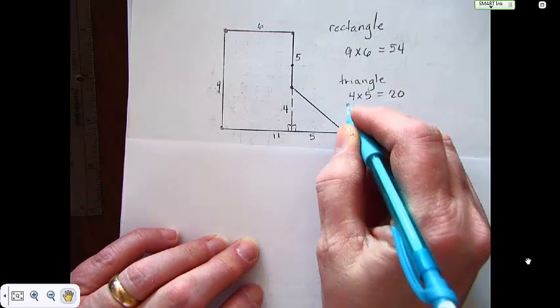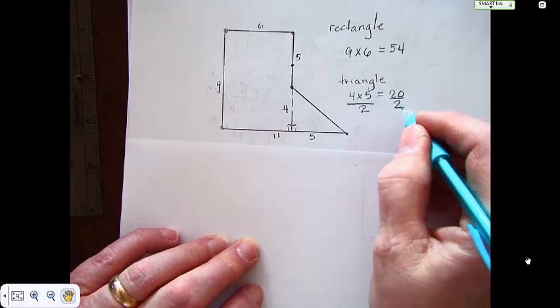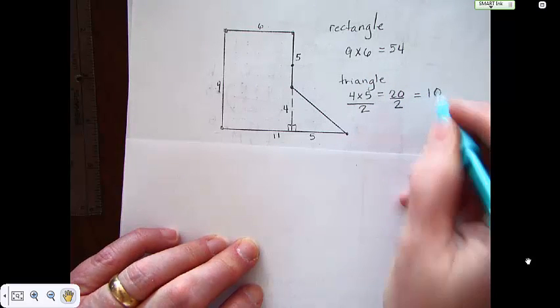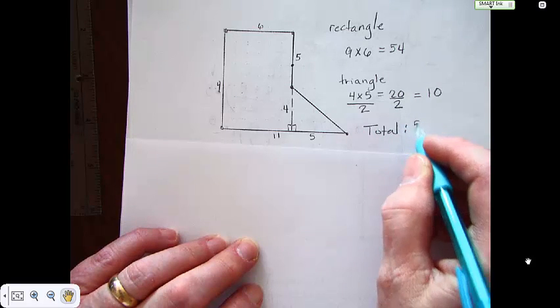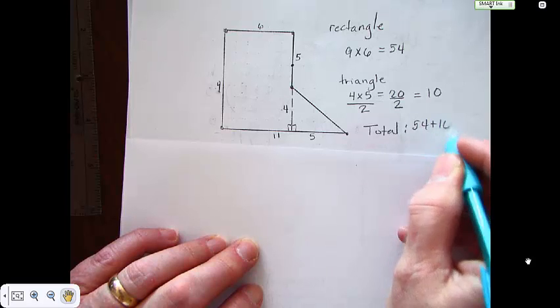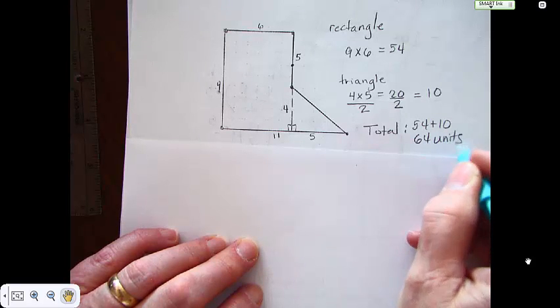But remember, with the triangle, we either have to divide it by 2 or multiply it by 1/2. So it's going to be 10. So the total area of this particular shape is 54 plus 10, which is 64 units squared.